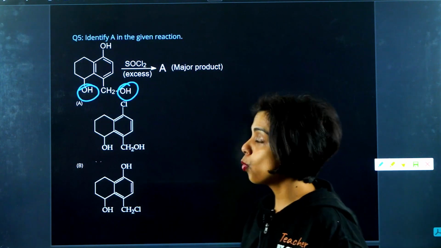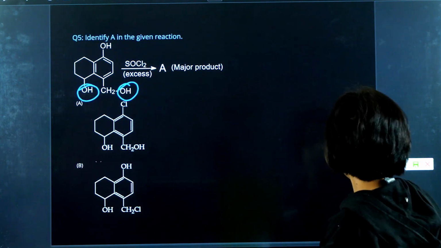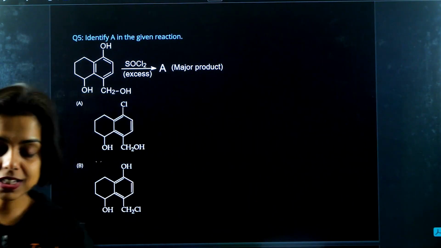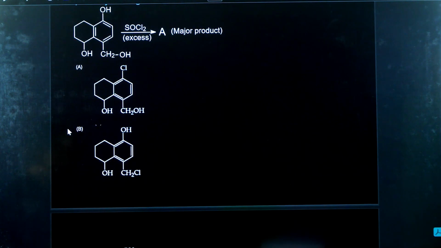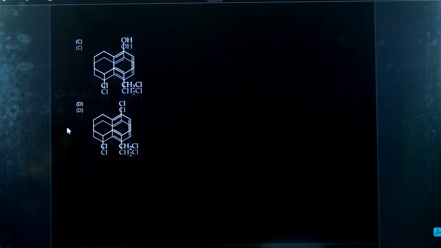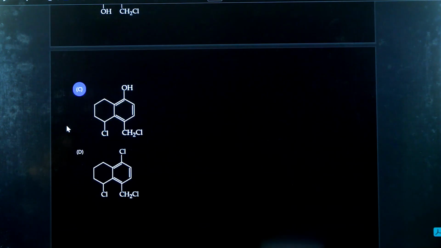So these two OH will be substituted by Cl groups, and I'm sure you picked the right option. You can have a look at the various options. Indeed the answer is C. C is the correct answer, where both the OH groups, which are not directly on the benzene ring, are substituted by chlorine.